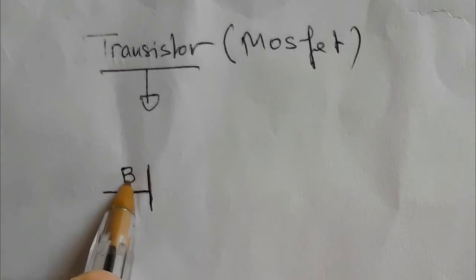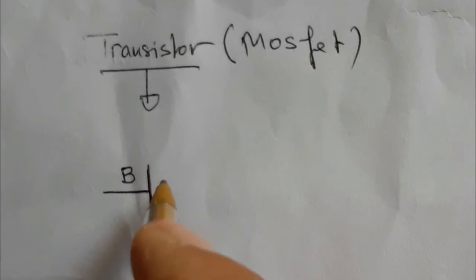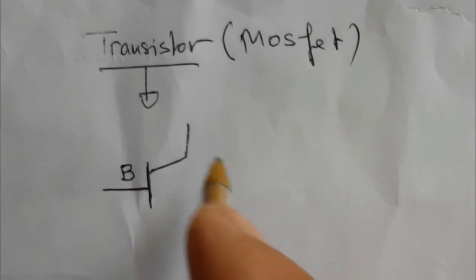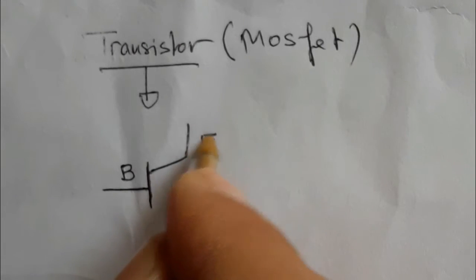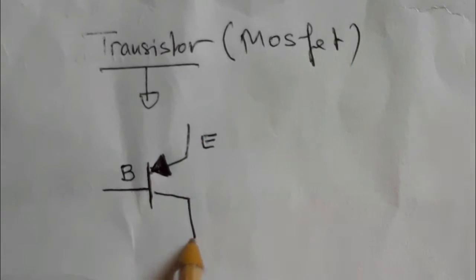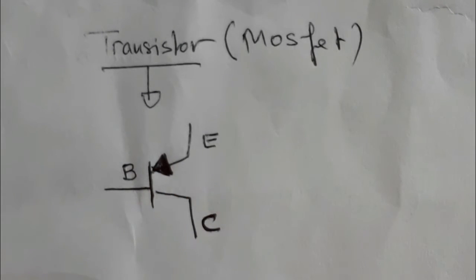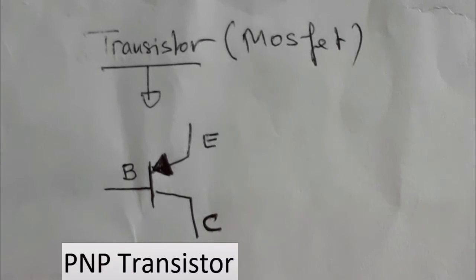We have here base, the first terminal, and over here, let's assume we have emitter. So this is a PNP transistor, and here we have collector. This is a PNP transistor because the arrow, as you can see, is from emitter to base. Goes to the base means penetrates. This is a PNP transistor.